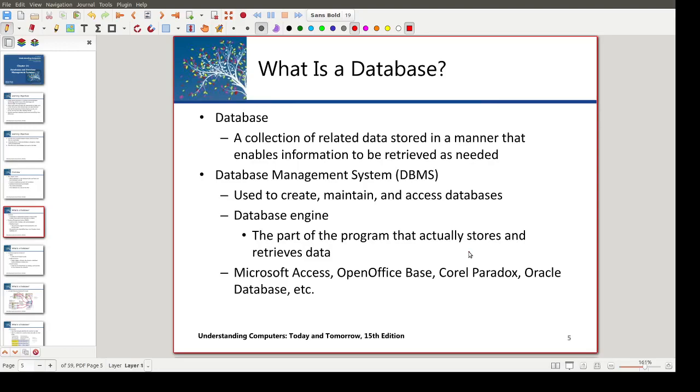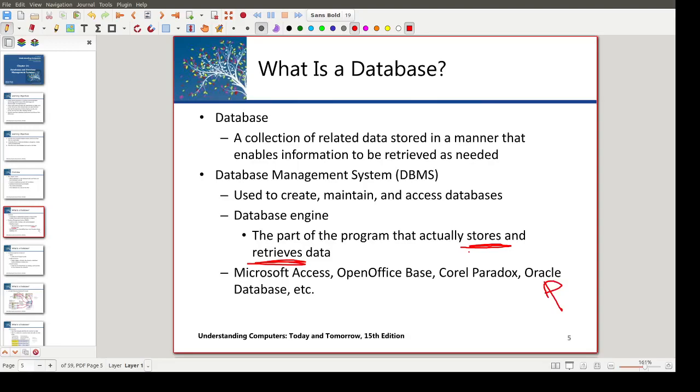The most important job in databases is to store data and retrieve the data that you have stored. Typical examples of database management systems are Microsoft Access, which comes with Microsoft Office, OpenOffice Base, Corel Paradox, and Oracle database, which is very commonly used in larger organizations.